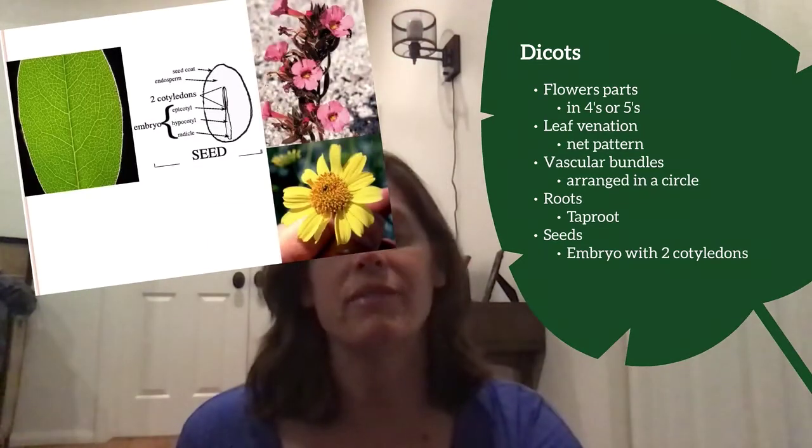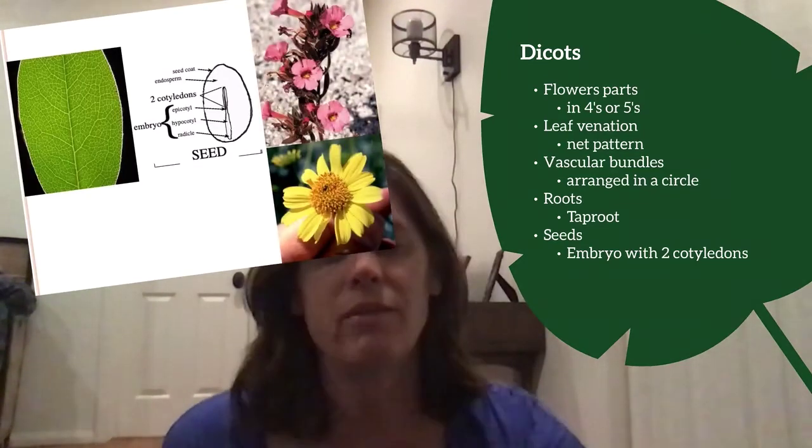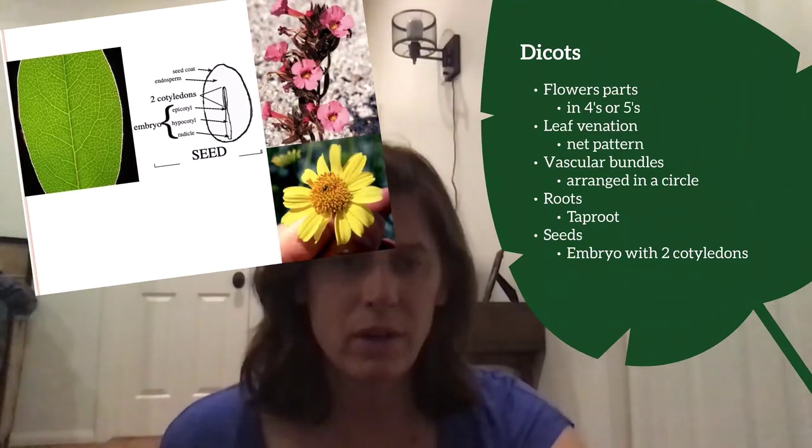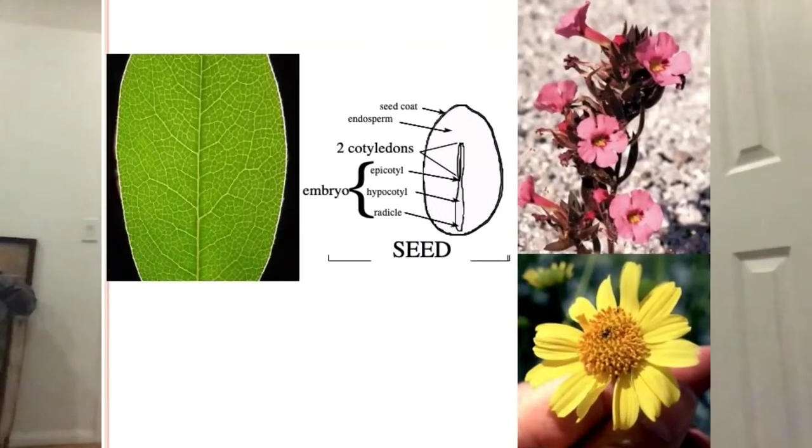Again, we're going to look at flowers, leaf venation, vascular bundles, roots, seeds. So in the flowers, their flower parts are separated into 4s or 5s. So if you count the petals around these plants, you're going to see either groups of or multiples of 4s or multiples of 5s. So the one at the top there, I count 5 petals.